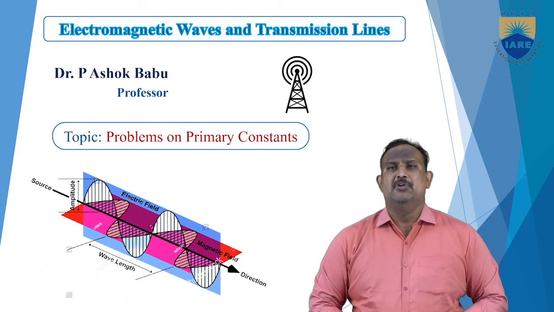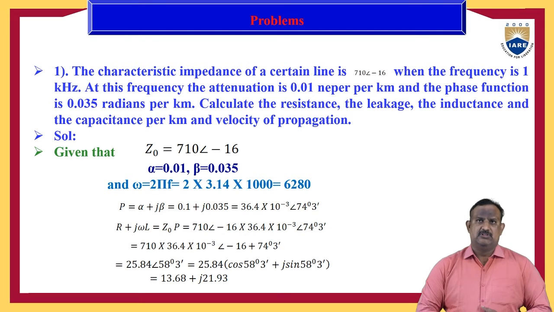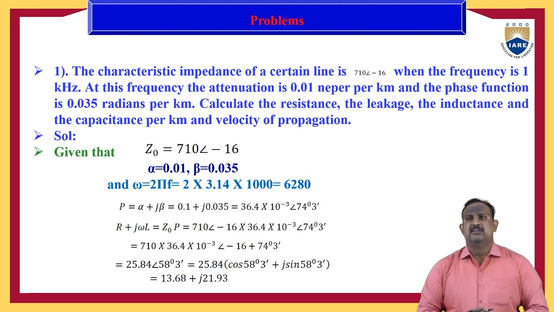So in this video, I am going to discuss some problems in transmission lines. Here the first problem is: given the characteristic impedance of a certain transmission line is 710 ohms with angle minus 16 degrees, and the frequency is given as 1 kilohertz.